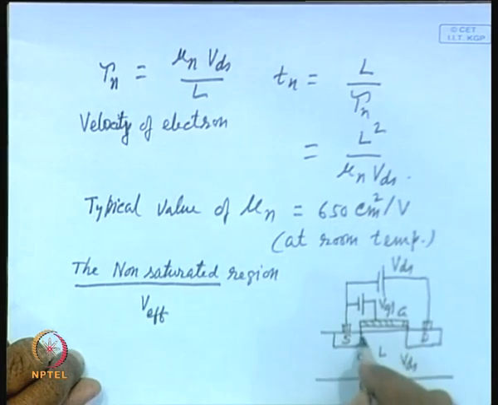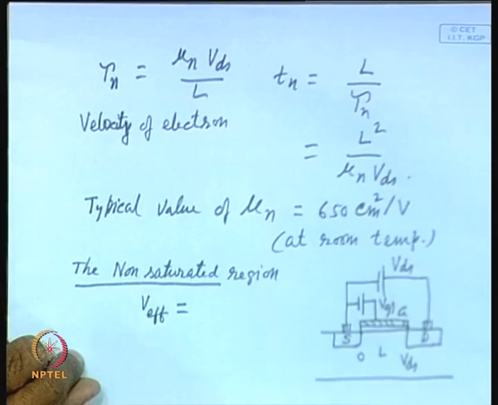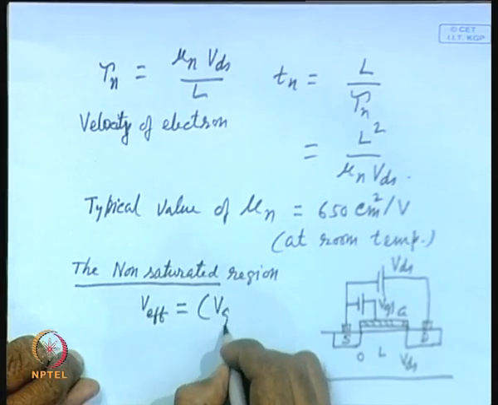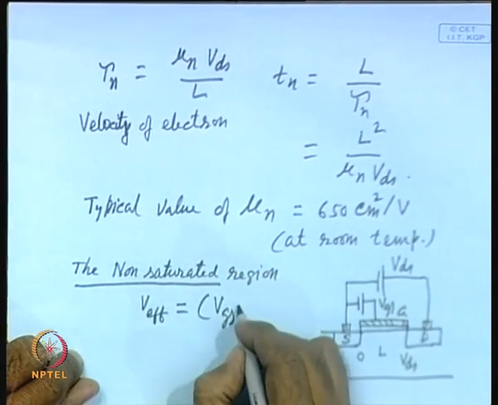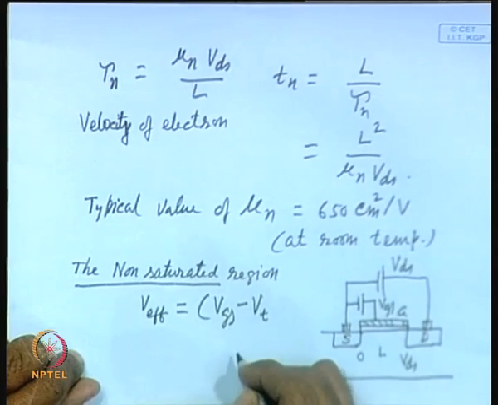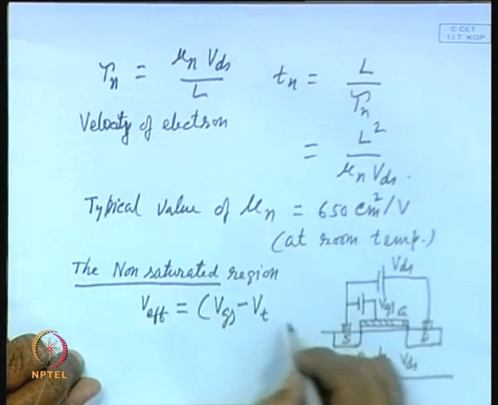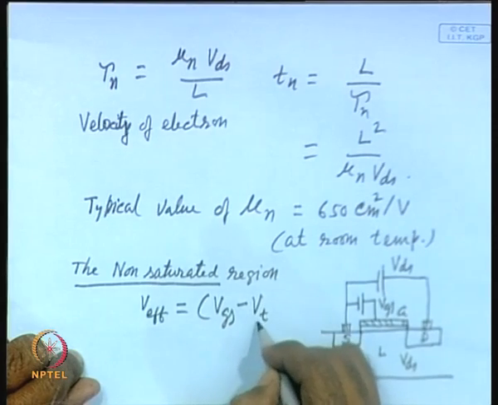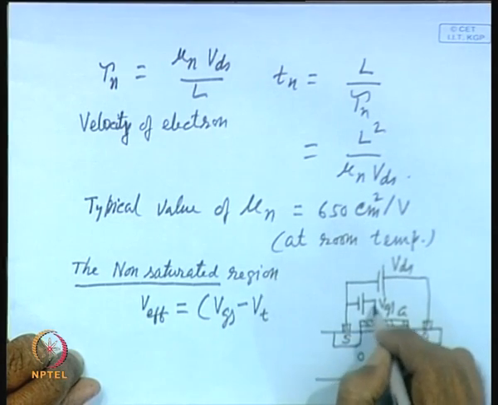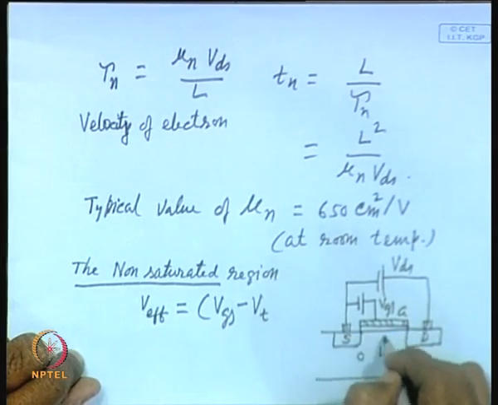So, the average value is VDS by 2. Therefore, the effective gate voltage will be VGS minus VT, the threshold voltage, because before that there will be a depletion region.